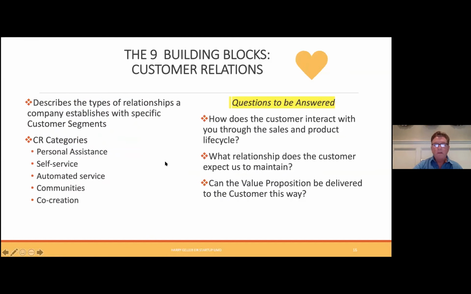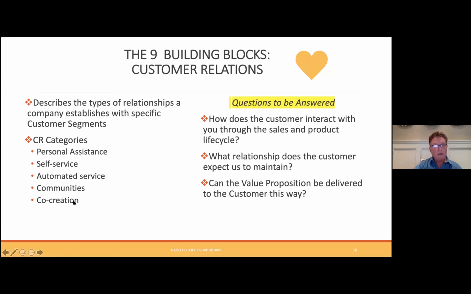Customer relations is the next building block. A customer relation describes the type of relationships a company establishes with a specific customer segment. Customer relationship categories could include personal assistance, self-service, automated service, communities, and co-creation.